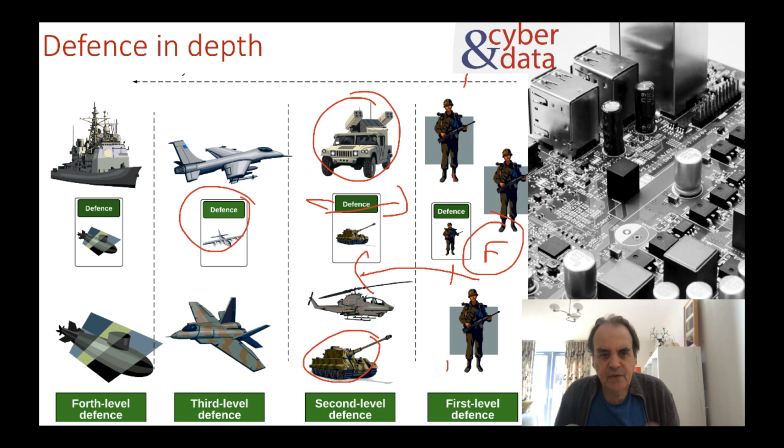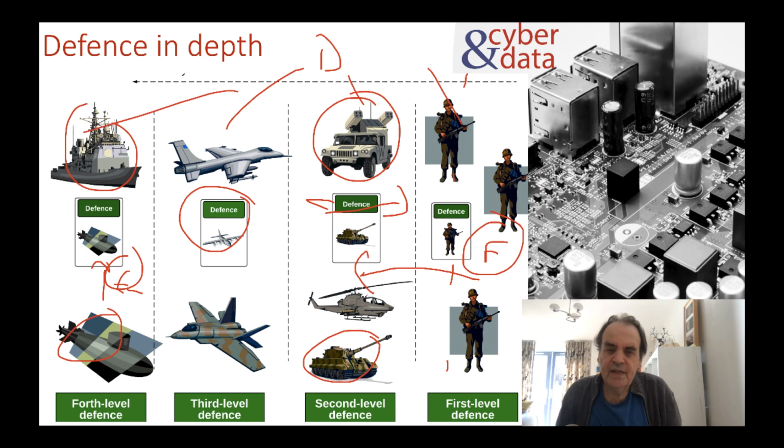And then again we go for a stronger defence, and then finally we'll have an ultimate defence. So this might involve encryption of the data, but at each level we get tougher and we get a different type of defence.